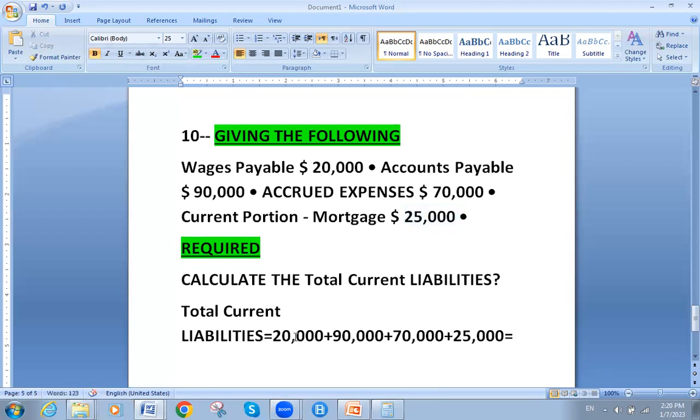Then this is 20,000 plus 90,000, 110, 180, and 205. This is 205,000. And let us do it with the calculator. Sorry about that. 205,000.